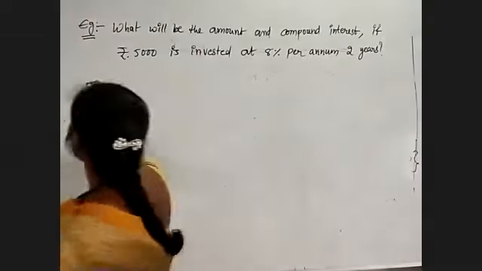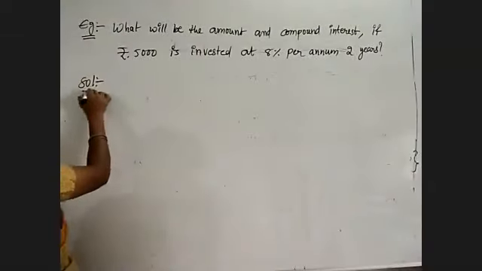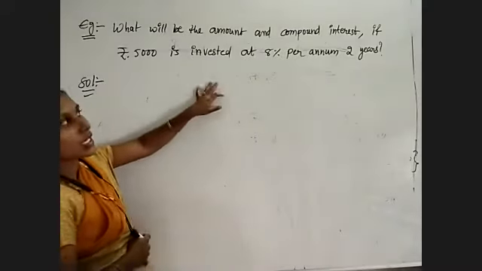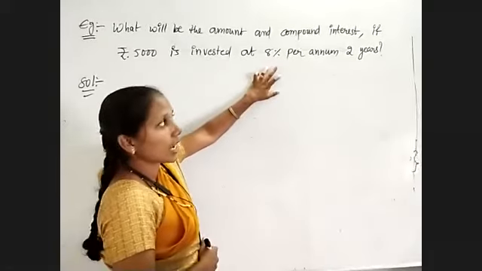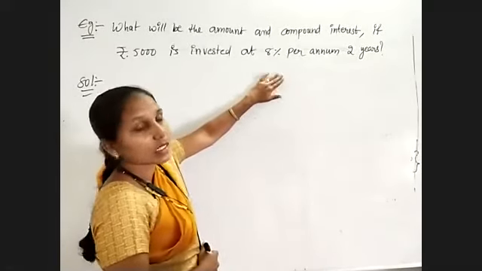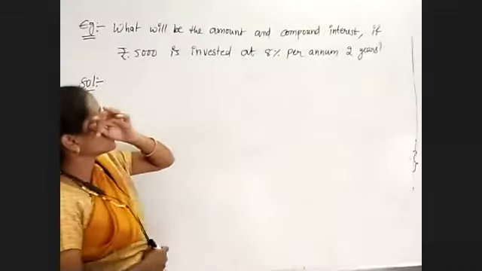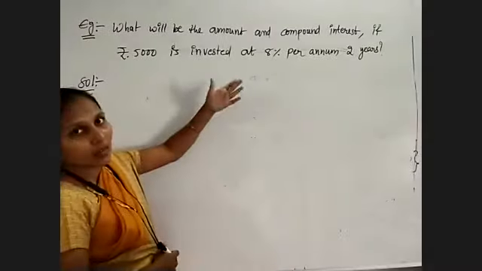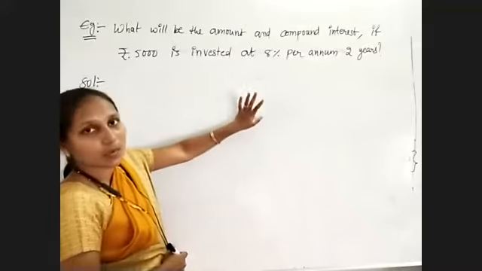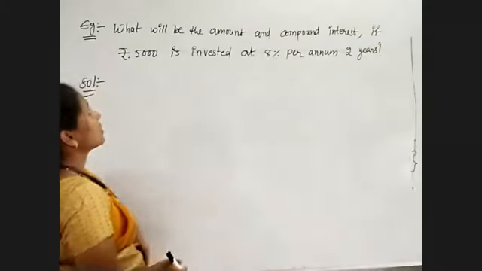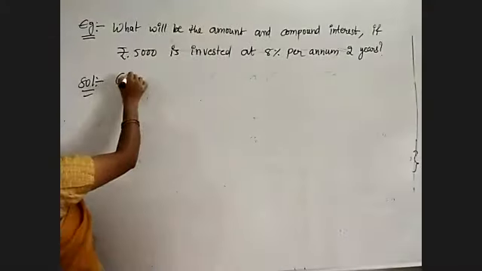Okay. Now observe the question. They have given that the rate of interest is 8% per annum, for 2 years, and the amount is compounded annually. So the number of conversion periods and number of years will be equal. First of all, identify the given values.